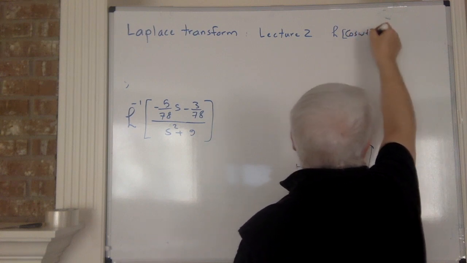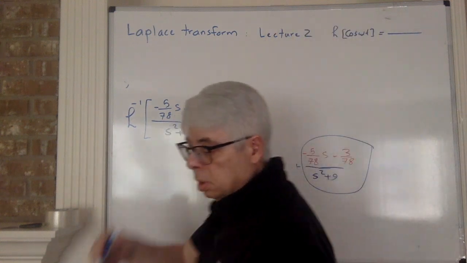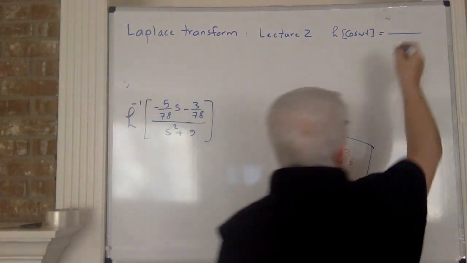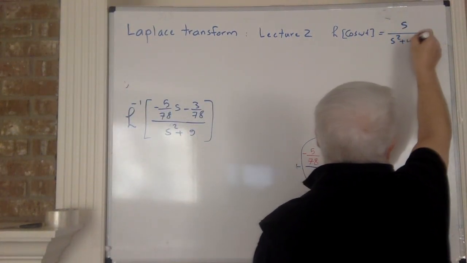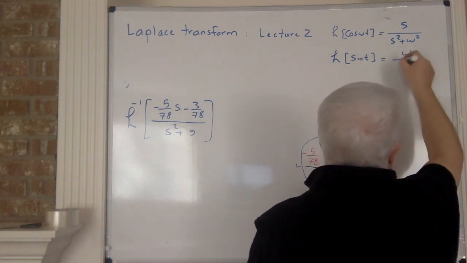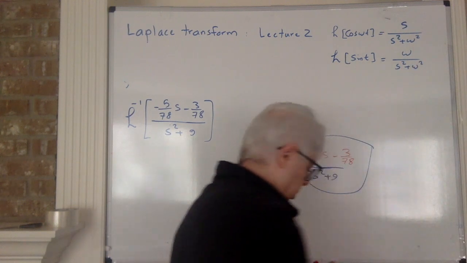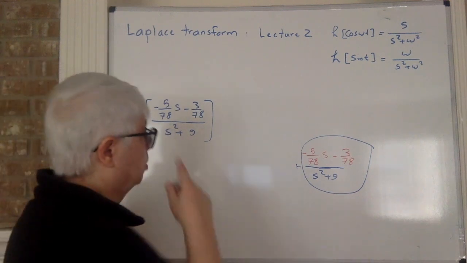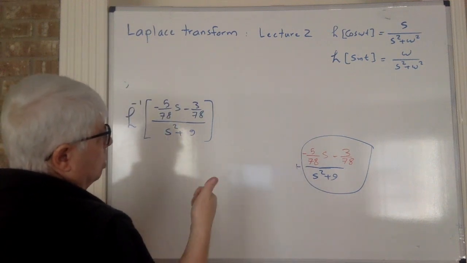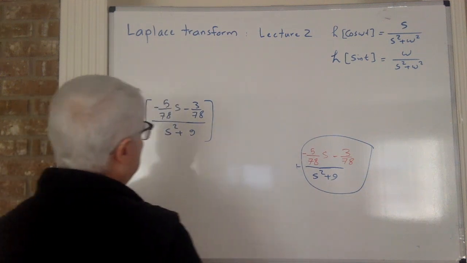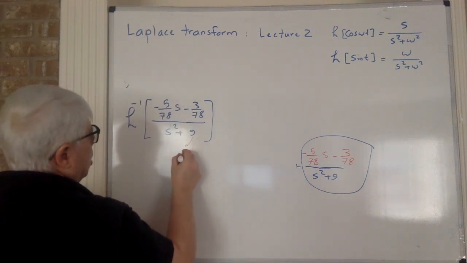Cosine omega t was what? L of cosine omega t was s over s squared plus omega squared. And L of sine omega t is omega over s squared plus omega squared. Okay. So now, s is s, and omega is 3.